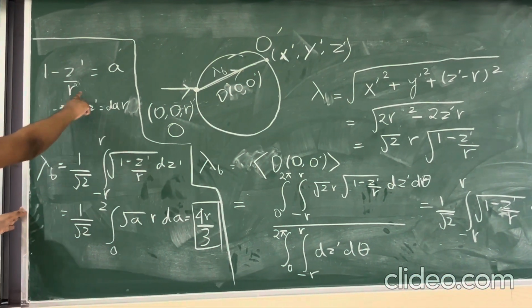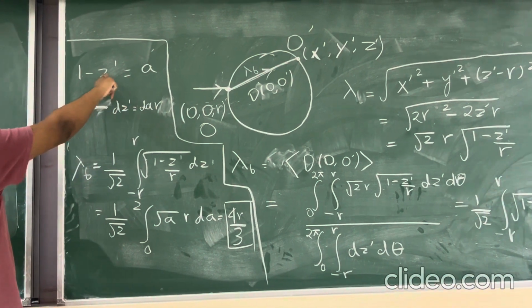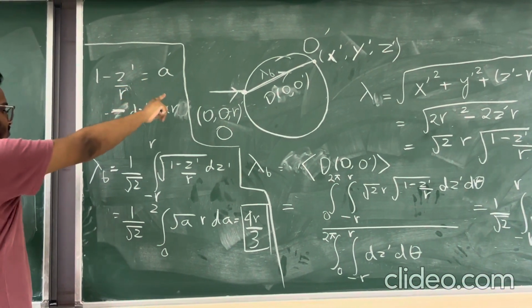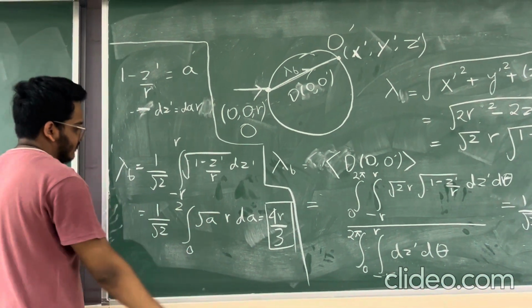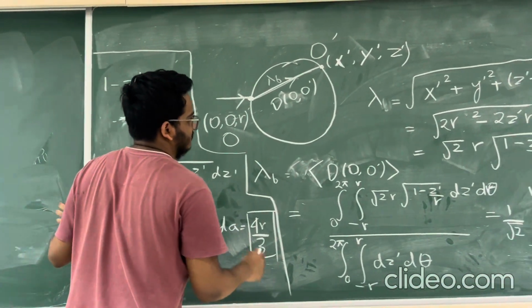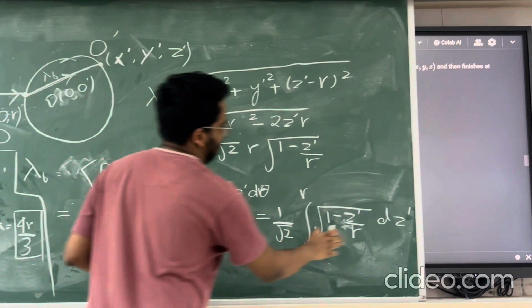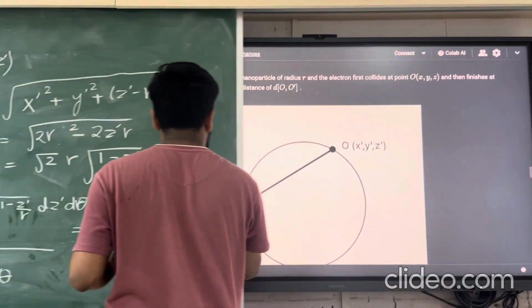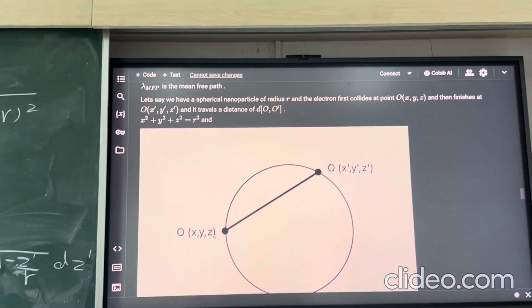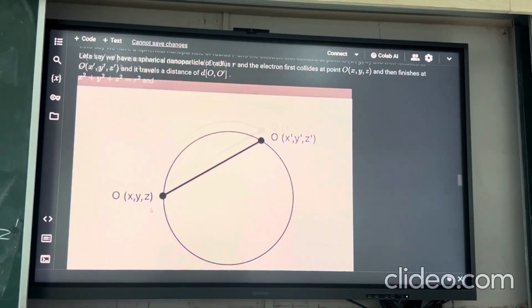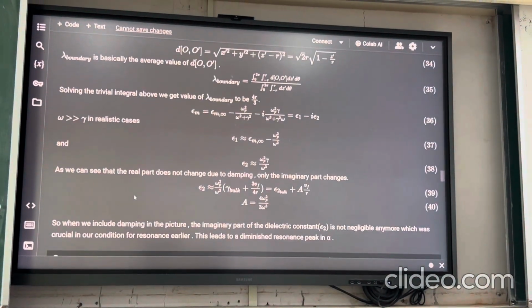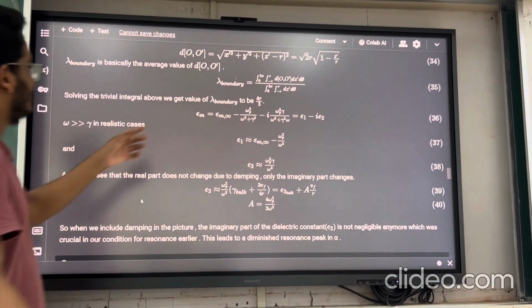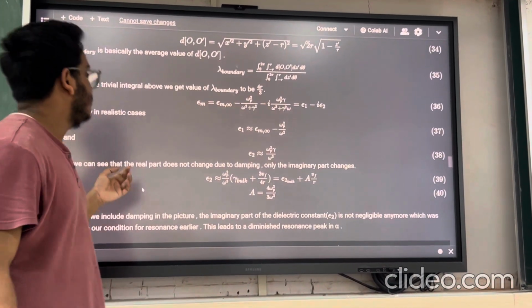And we use the substitution 1 minus z prime by r is equal to a, and we get lambda boundary to be 4r by 3. So as we can see, lambda boundary is 4r by 3.